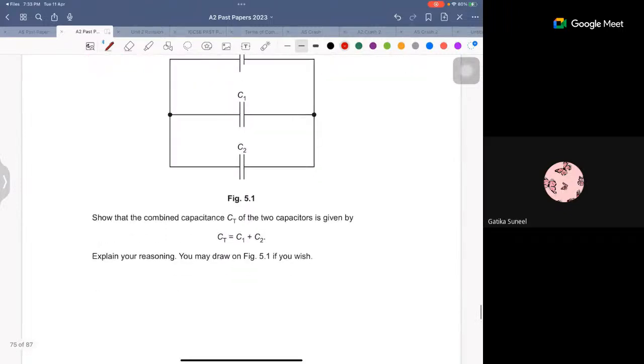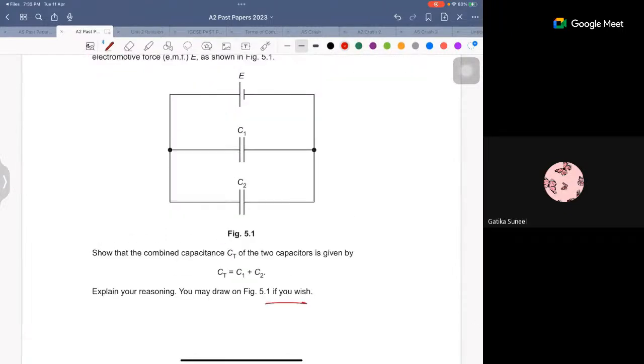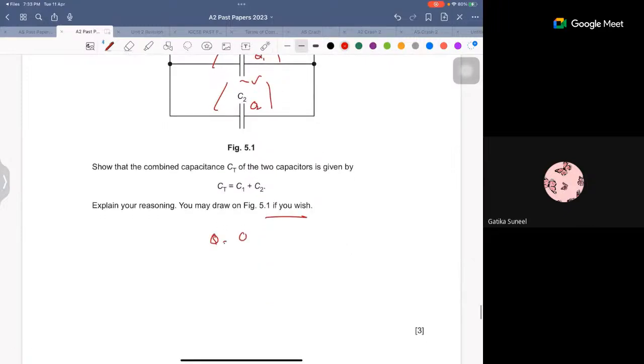Then you have two capacitors. They say explain reasoning, and you may draw. In parallel, obviously you will have the same voltage, but different charge. So this will have Q1 and this will have Q2, so the total charge is Q1 plus Q2.